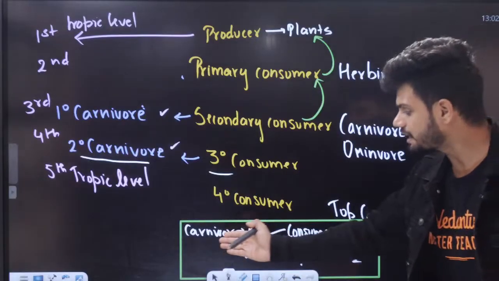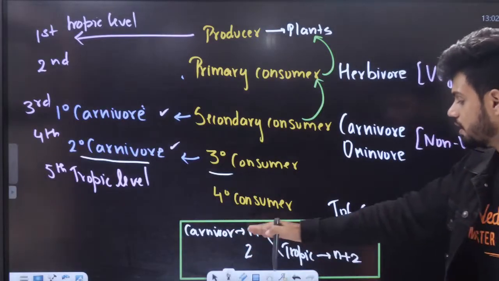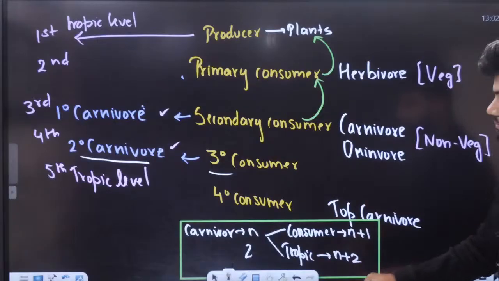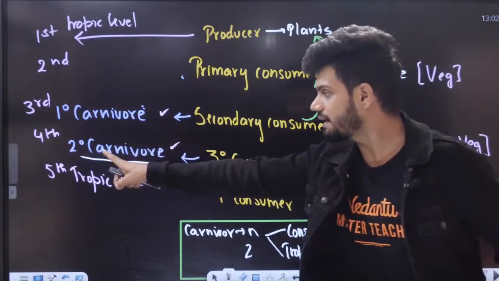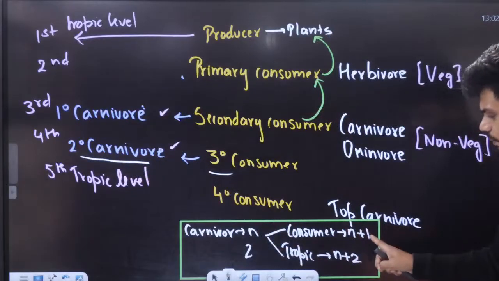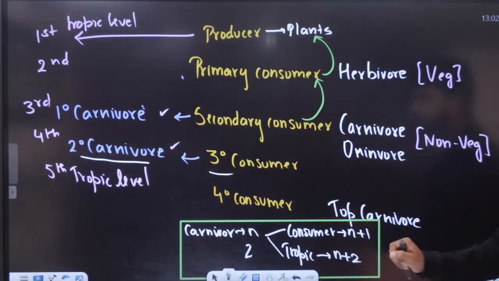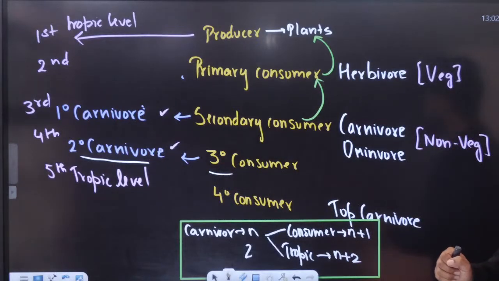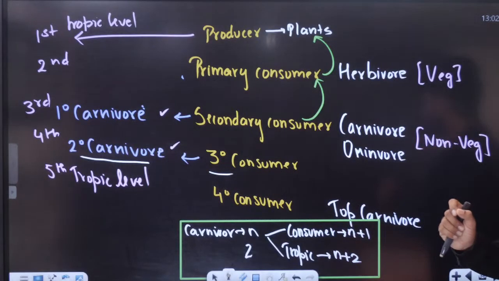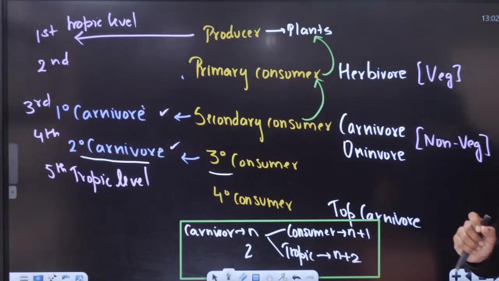What if I ask which consumer a secondary carnivore is? Secondary carnivore is n plus 1, so tertiary consumer. Beautiful, right? Tell me, all of you understanding?